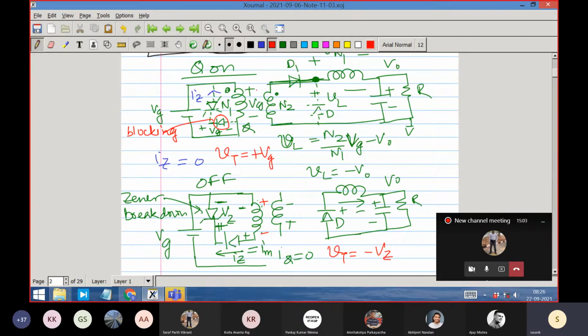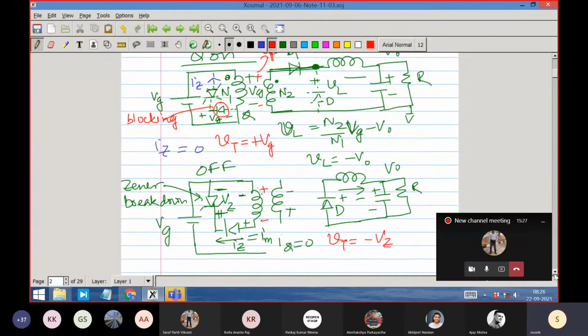The sign shows the actual voltage, and plus minus shows our convention of the voltage. This is the convention of Vt; how Vt is defined, the convention cannot change. So the actual voltage in one case is Vg equal to Vt, and in another case it is Vz, right?